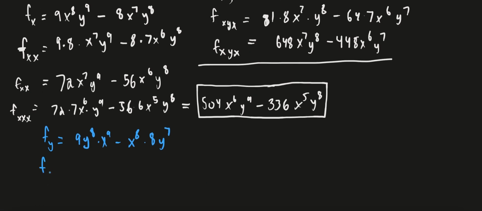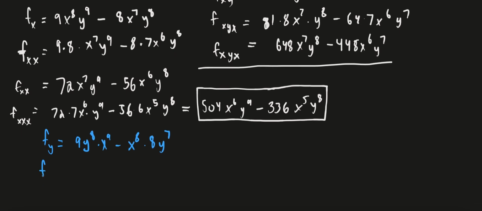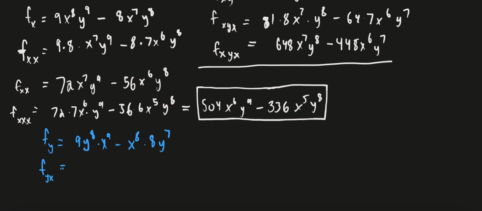I'll multiply it all at the end. f y x, treating y as a constant, is 9y to the 8th times 9x to the 8th minus, did I do that right? No, I didn't do that right.